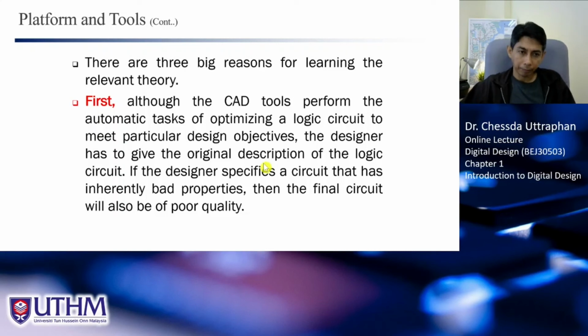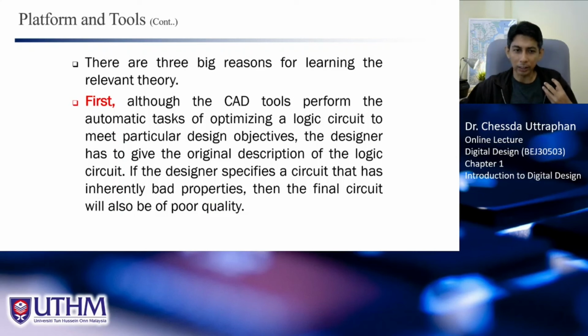But the designer has to give the original description. It means that the designer or engineer needs to know exactly, if I do this, what I will get at the end of the day. All right. If the designer specifies a circuit that has inherently bad properties, for example, you are an engineer, but you have bad knowledge.